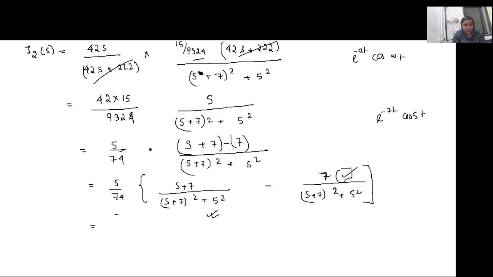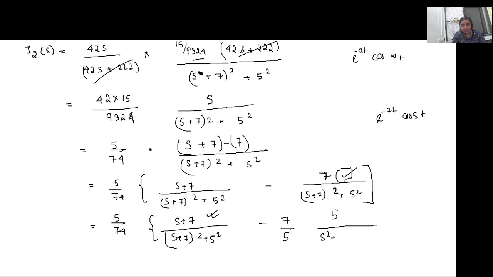So we can write it as 5 by 74, s plus 7. You don't need to write so many steps, I'm just showing it for convenience. So for the 7, you multiply numerator and denominator by 5. So it is s plus 7 whole square plus 5 square. Now this entire expression is in the form of e to the power minus 7t sine of 5t.